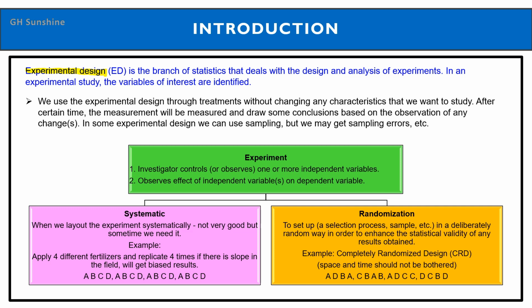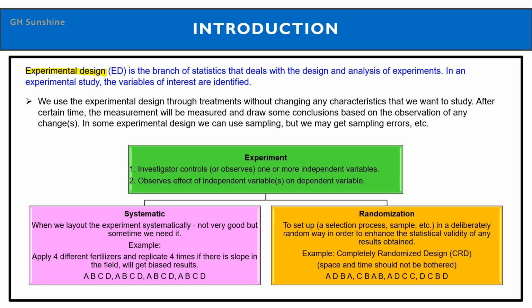In an experiment, the investigator controls one or more independent variables. Then, the experimenter will observe the effect of the independent variable on the dependent variable. So, let's look at the difference between systematic experiment and randomization experiment. For a systematic experiment, we lay out the experiment systematically.